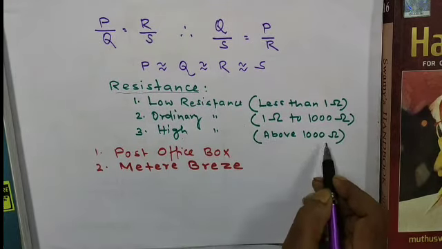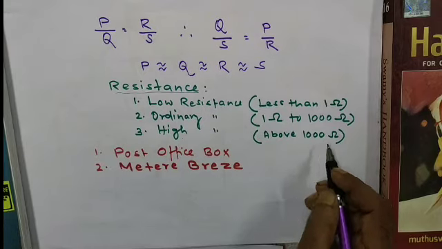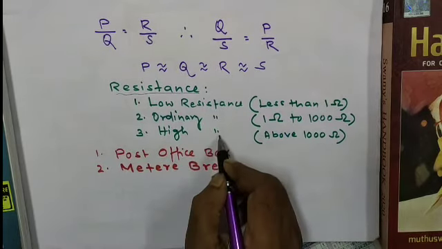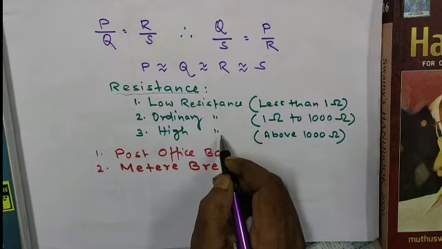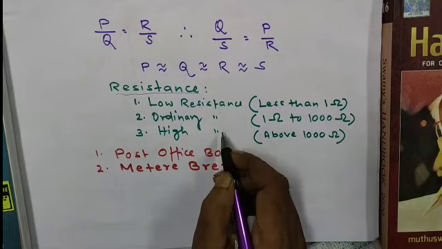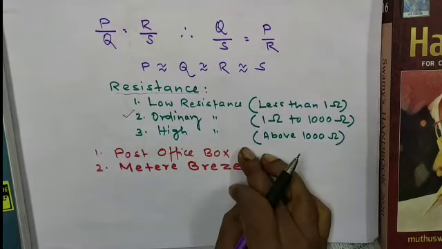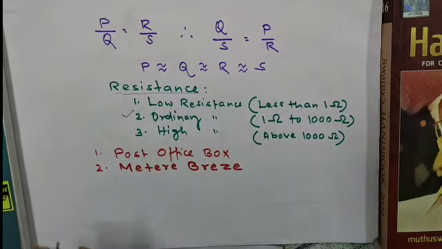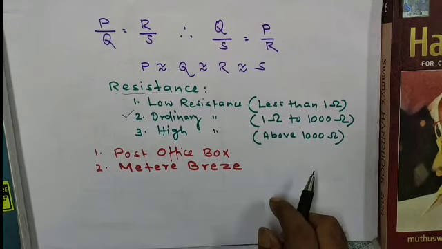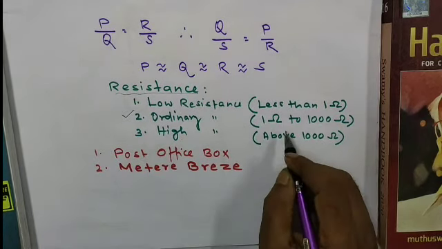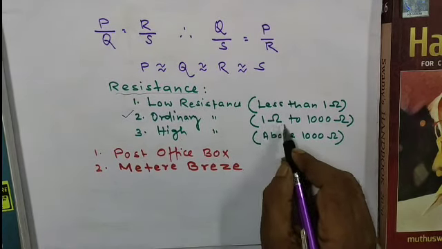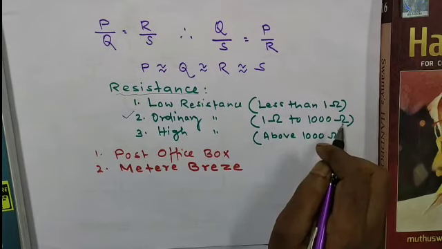Actually we are measuring ordinary resistance by applying the Wheatstone Bridge. That means we measure the resistance between 1 ohm to 1000 ohm by applying the Wheatstone Bridge formula.